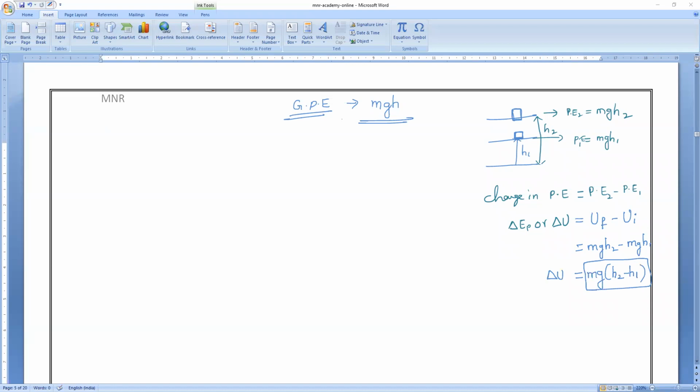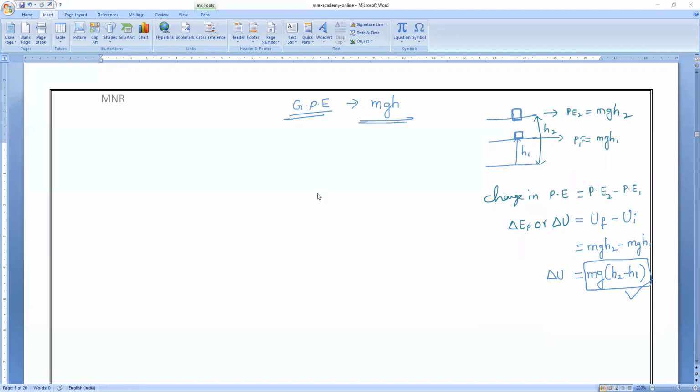Hope everybody understands. So the change in gravitational potential energy formula is mass into acceleration due to gravity into final height minus initial height. Understand?